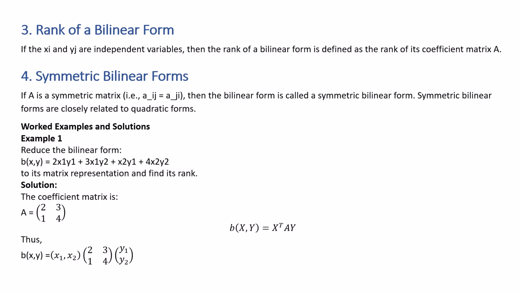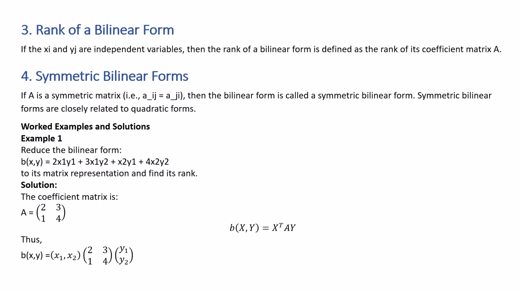As I explained in our previous class, the n by n matrix which contains all the coefficients of the bilinear form is called the matrix of the form. There are two things we look at. If xi and yj are independent variables, the rank of A is called the rank of the form. If the matrix of the form is symmetric, the form itself is also called symmetric.